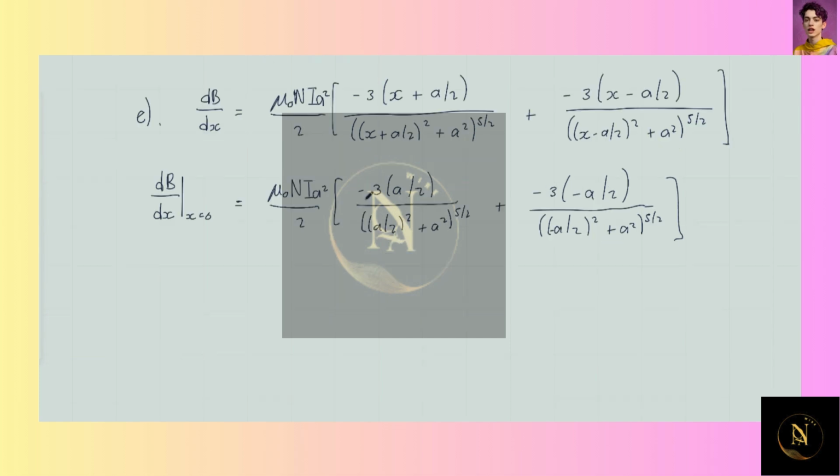And if we look at this carefully, we see that this is actually equal to 0. So the terms in brackets cancel out, and we are left with dB/dx at point P, where x is equal to 0, being itself equal to 0.